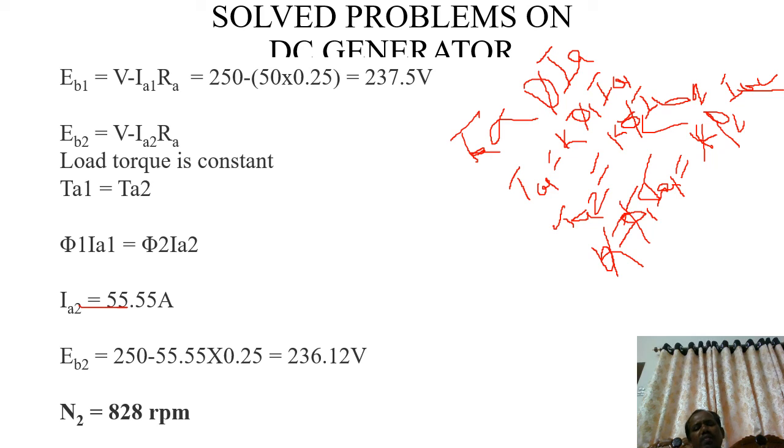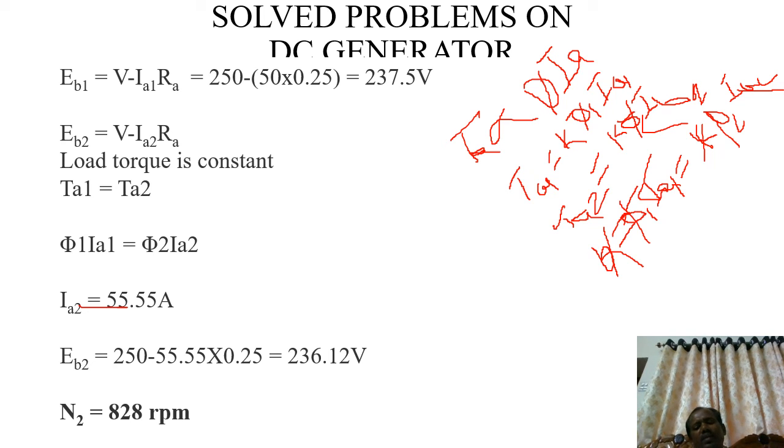From this, EB is directly proportional to N and phi. So phi1 and phi2 values are given. Here EB1 by EB2 is equal to phi1 N1 divided by phi2 N2. You can substitute all the remaining values and calculate speed N2, that is 828 rpm.